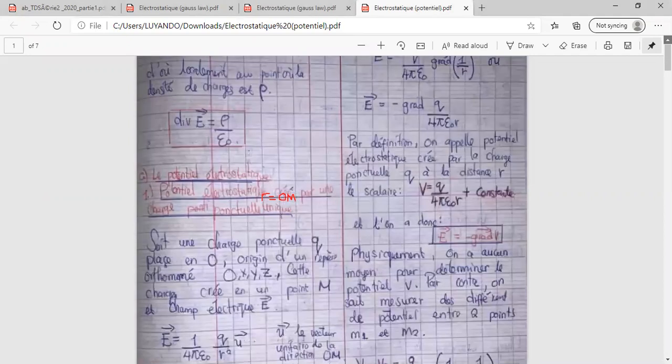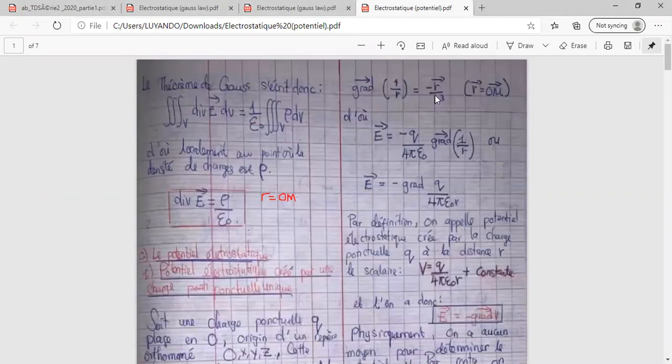We have the gradient of 1 over r equal to this. How we came up with this is simply that we differentiated 1 over r. Let me do that with you. The gradient of 1 over r is simply the differentiation of 1 over r. 1 over r is the same as r to the power negative 1. Am I correct?